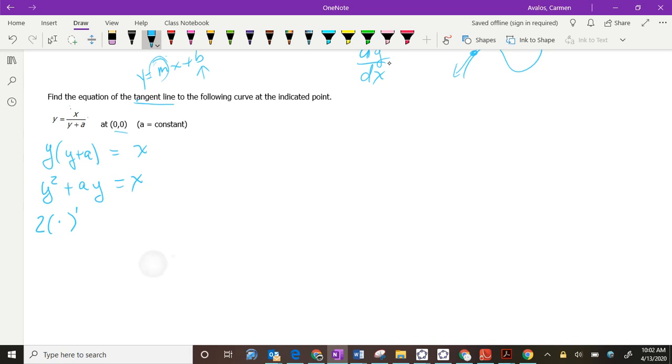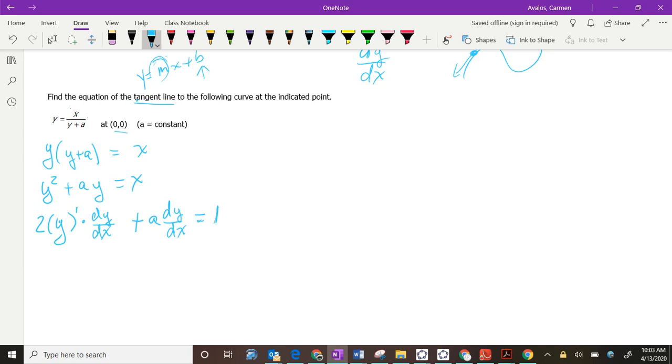We leave the inside alone, and then chain on the derivative of the inside, which is the derivative of y, the way y changes with respect to x, dy/dx. That's the derivative of the first term, and then the second term is a plus. A is just a constant, so it stays there, and the derivative of y is dy/dx. And since this is an x and we're taking the derivative with respect to x, it's dx over dx, so that gives us a 1 there.